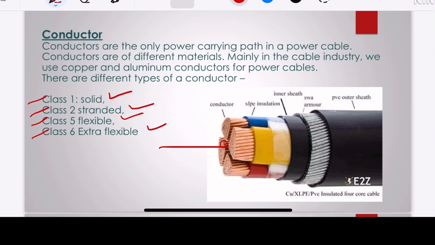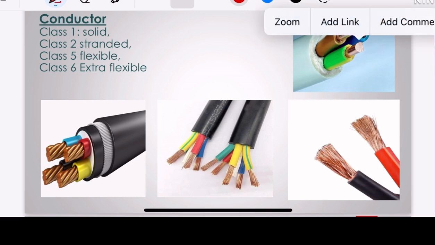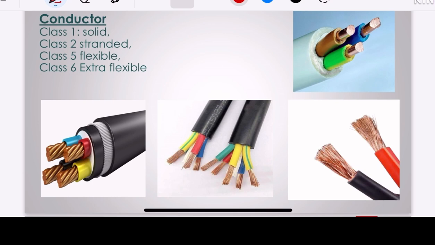Class 1 means the conductor is solid. Here in our example you see a conductor which is solid. If the cable has that conductor, then that cable is class 1.